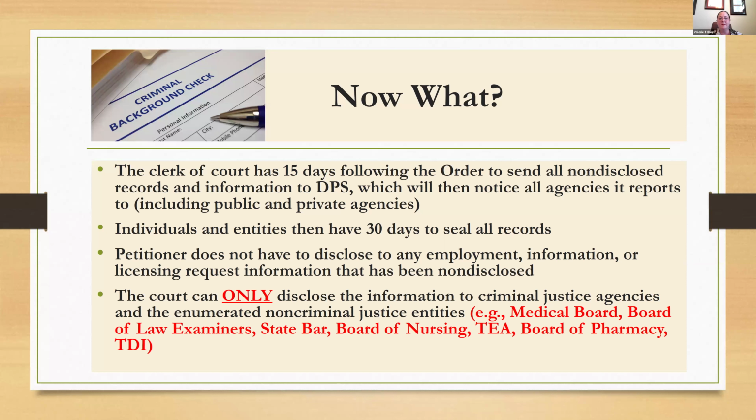And this is actually one of those where they do have a time period. They have 30 days to seal the records. Now, does it often happen in 30? No, but we at least know that there's something there.